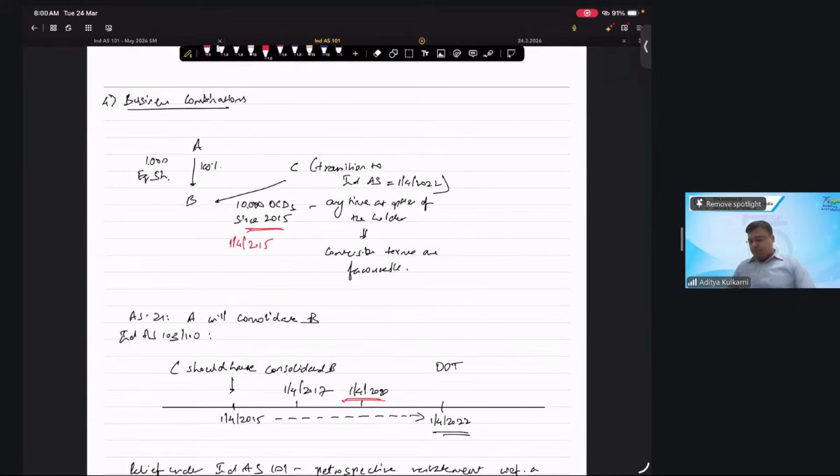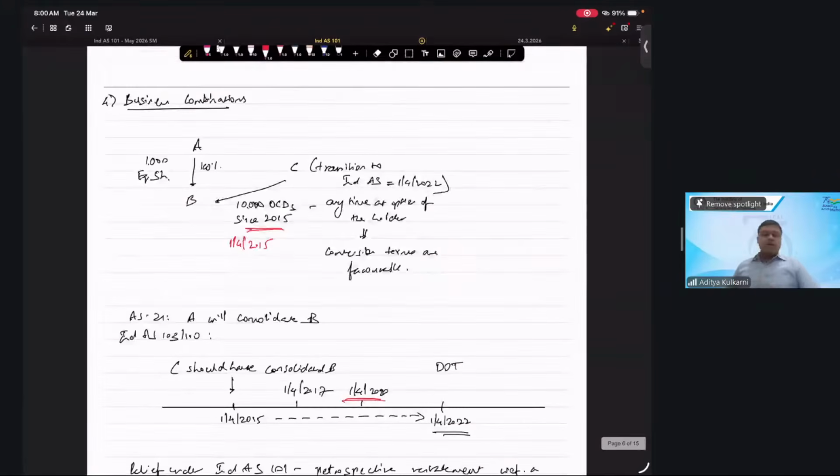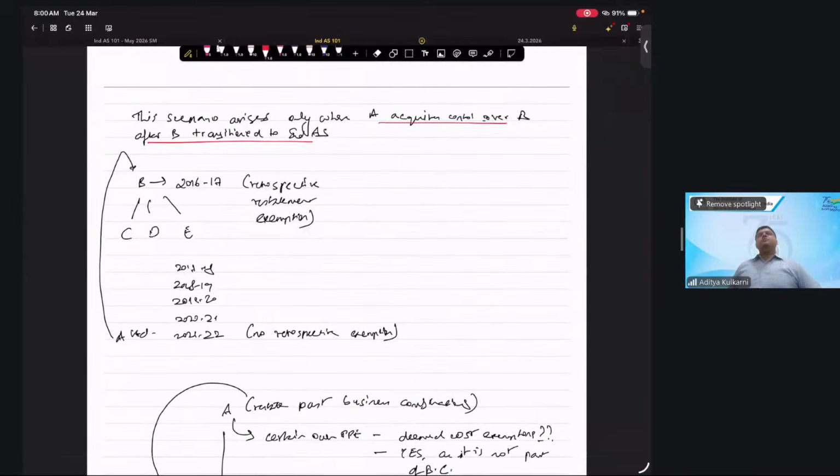Now, what are you going to do under business combinations? Let us suppose I have a date of transition. And before that, you have a host of acquisitions that have happened, a host of business combinations, and they are all part of your group.